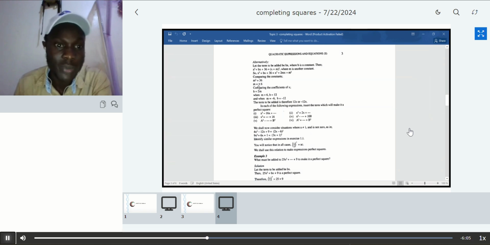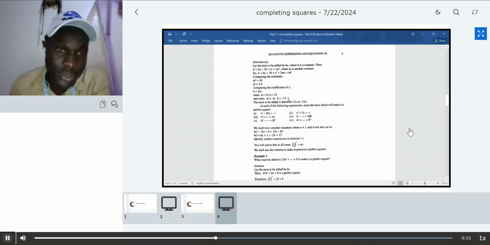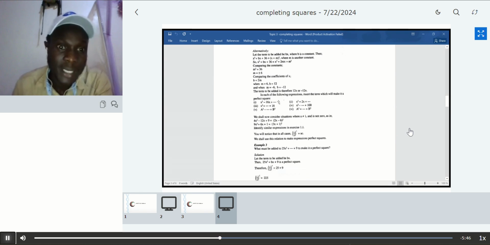We take the square root of 36 and get m equal to plus or minus 6. We compare the coefficients of x, and b is equal to 2m. When m is equal to 6, b is equal to 12, and when m is equal to negative 6, b is equal to negative 12. The term to be added is therefore 12x or negative 12x.